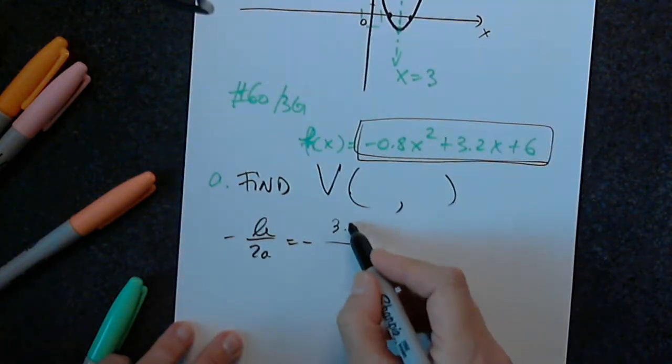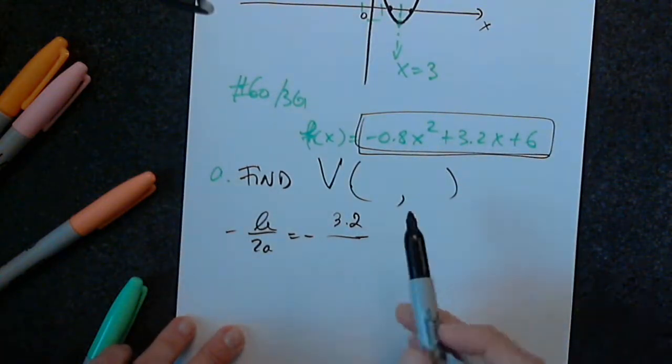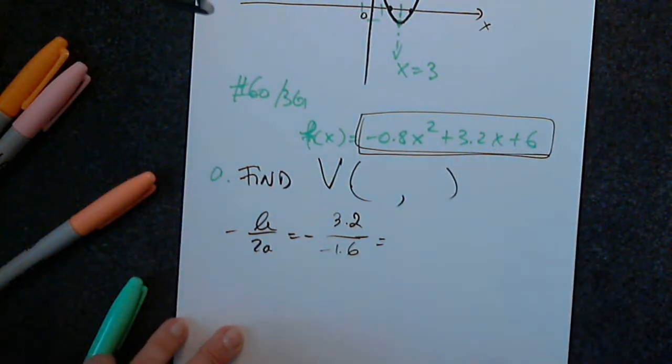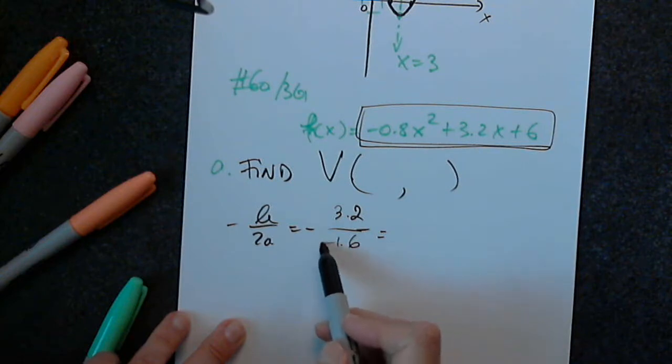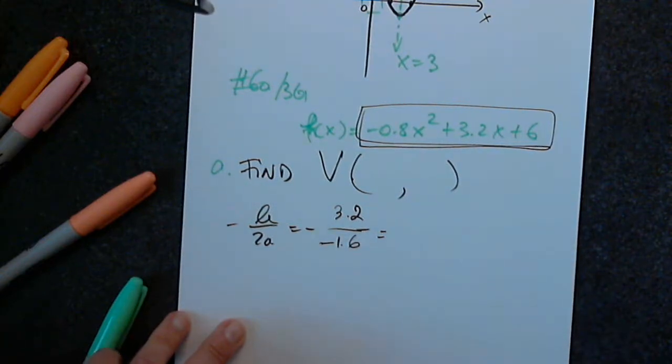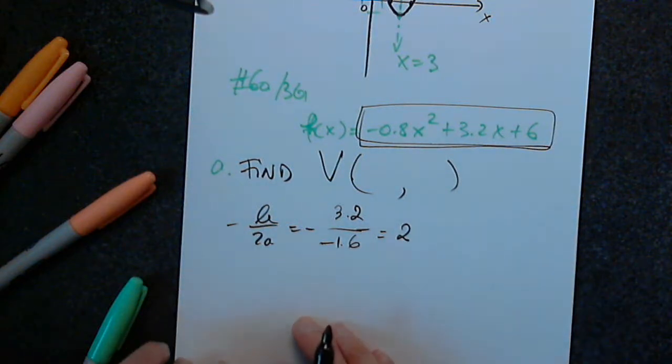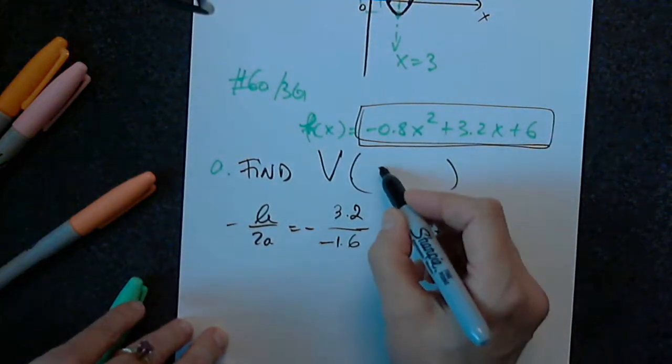Very good. How much is 2 times a? It's negative 1.6. Two negatives, of course, there cannot be a negative number as a result. So this is 2. The measurement units are all given in feet.